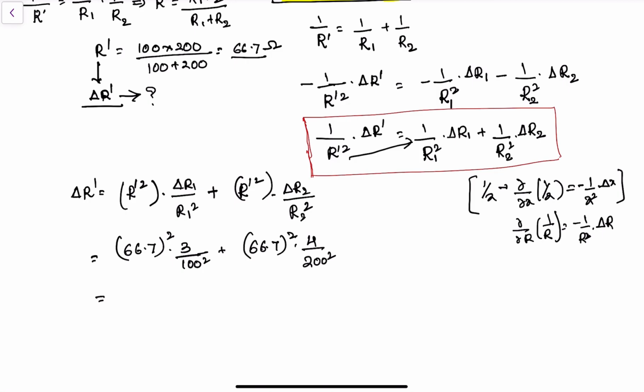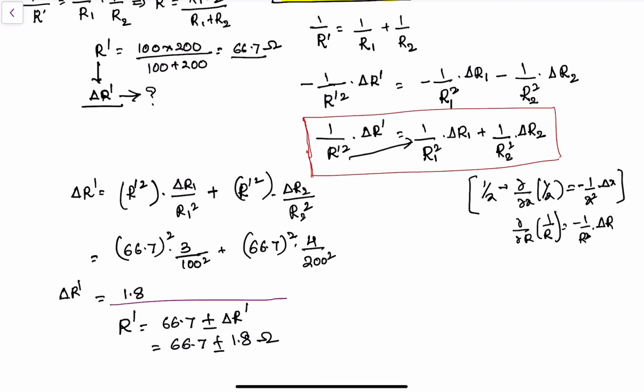So after doing all calculations, just use the calculator if you want, and you will get delta R dash as 1.8. So how do you write the R dash value? R dash is equal to 66.7 plus or minus delta R dash, means 1.8 ohm, right? So this is what we had seen.